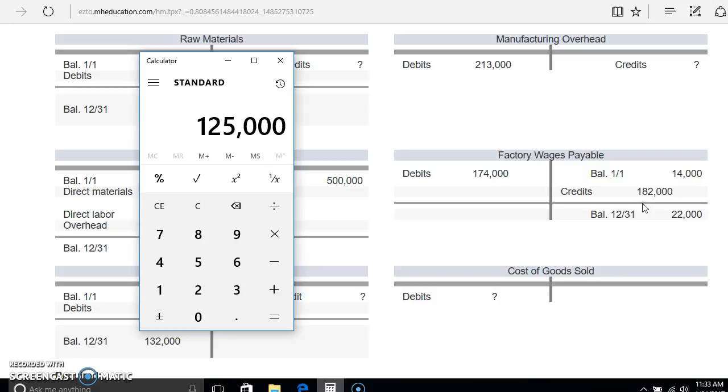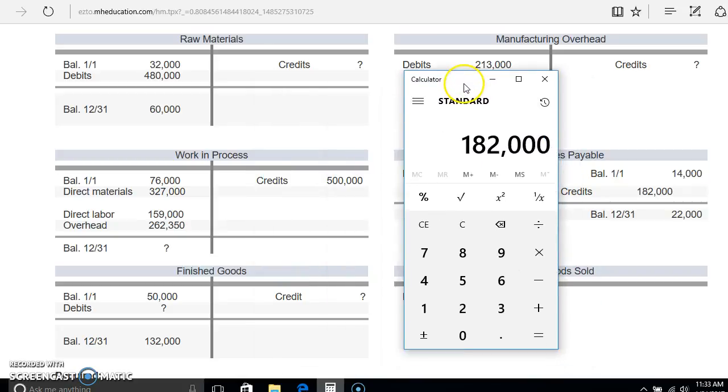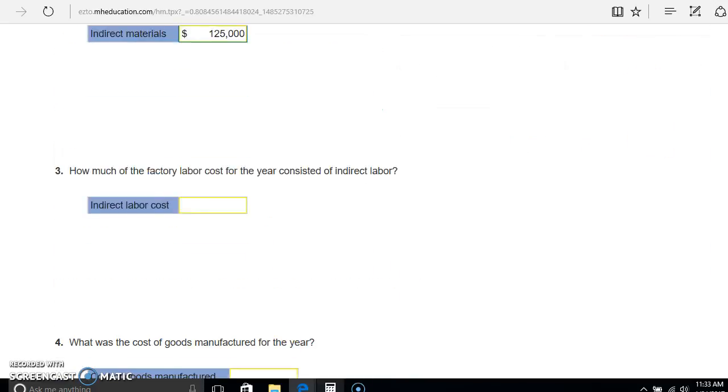So at some point throughout the year, we owed $182,000 in factory wages. So I'm going to take that number. We paid $174,000, but it doesn't matter what we paid. All we care about is what we actually accrued. Our direct labor was $159,000. So I'm just going to subtract out 159. So our indirect labor must have been 23,000.